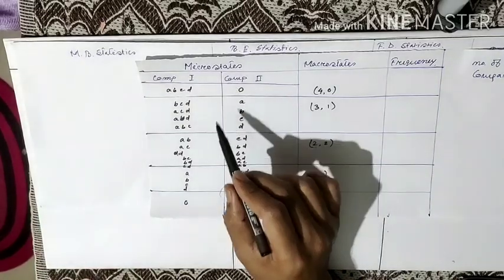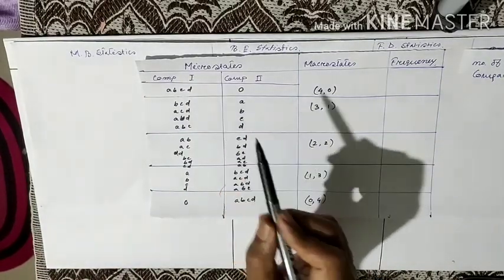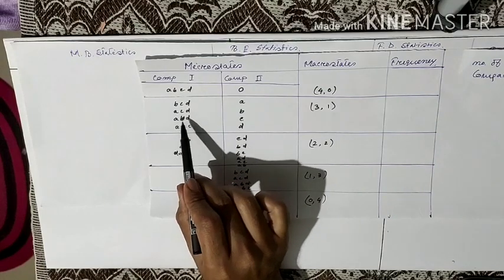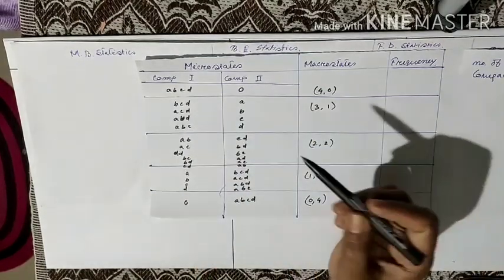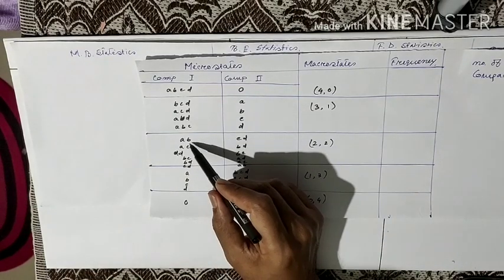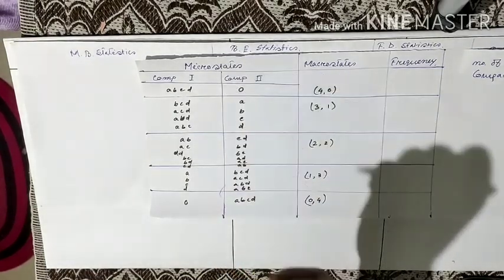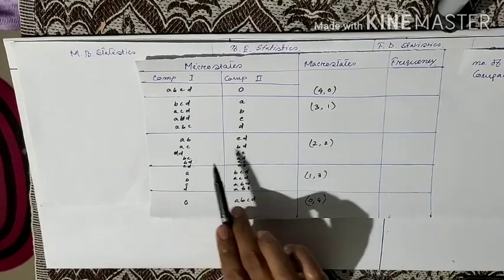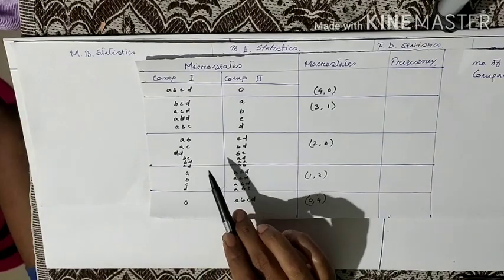But in microstates what do we have to know? We have to know how these 3 particles are arranged, either BCD, ACD, ABD or ABC. Say in 2 and 2, how these are arranged is understood in microstates. But in macrostates it is sufficient to know 2 and 2.